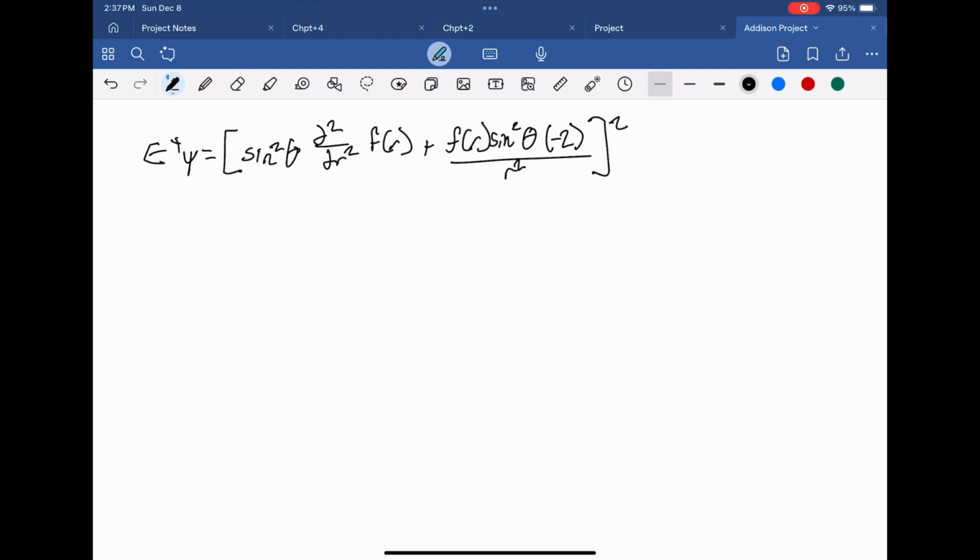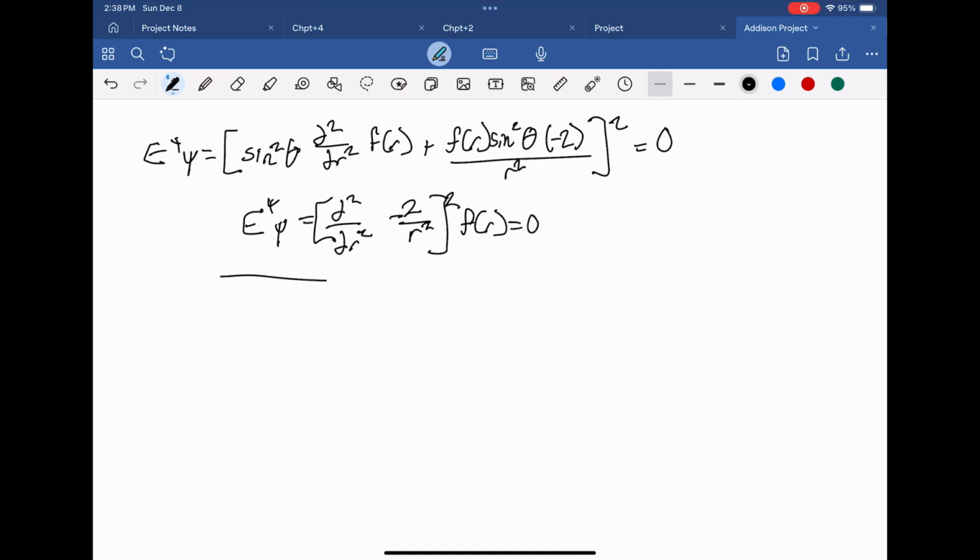Okay, so now we are going to factor out the sine squared theta from the equation, and then we're dividing it over to the 0 side because we don't want this equation to be in terms of theta. And then we want the FR to remain outside, although we're not dividing that over. Our final answer is going to look like that.